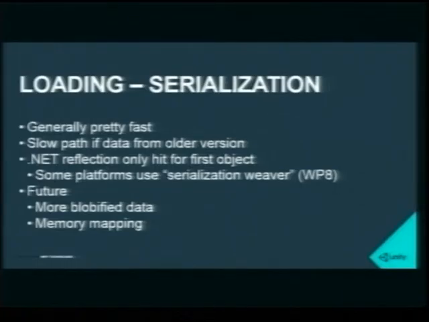One problem that we used to have is that serialization of script data used to be pretty slow. And the reason for that is we need to go to .NET reflection data in order to be able to find out, okay, what are the fields and what are the types that we actually need to serialize. And we used to do that on the fly. So as we came across the data, we looked up all the .NET reflection data.